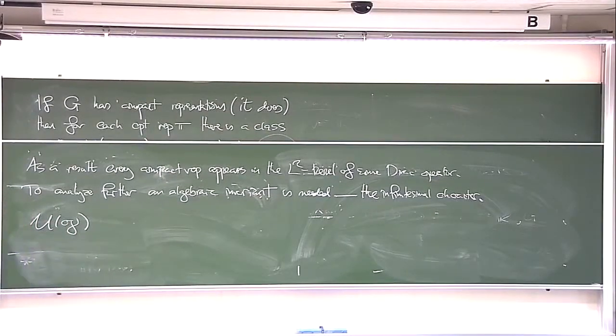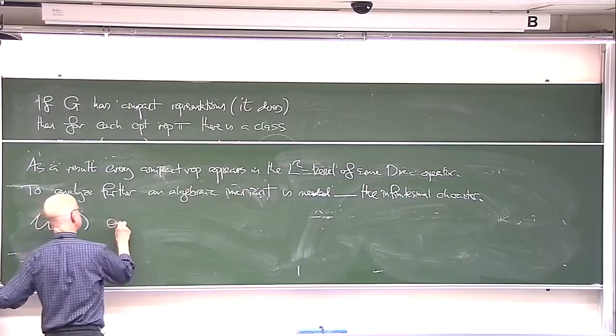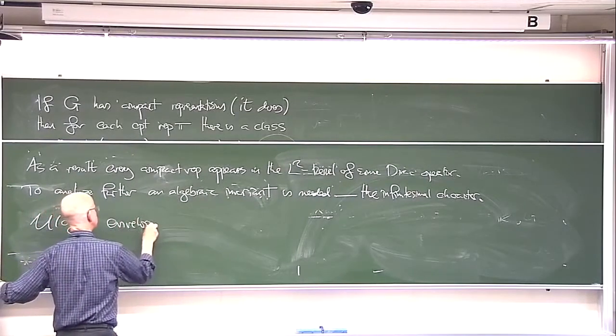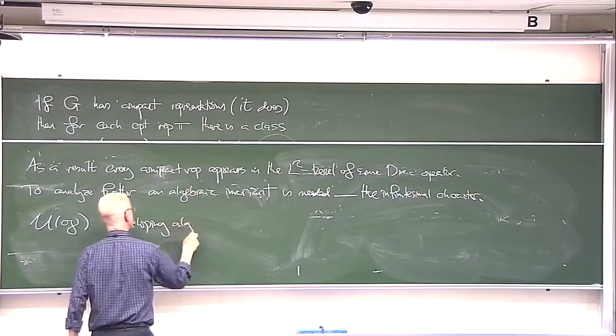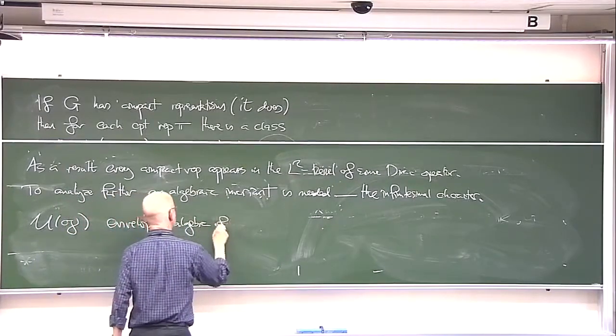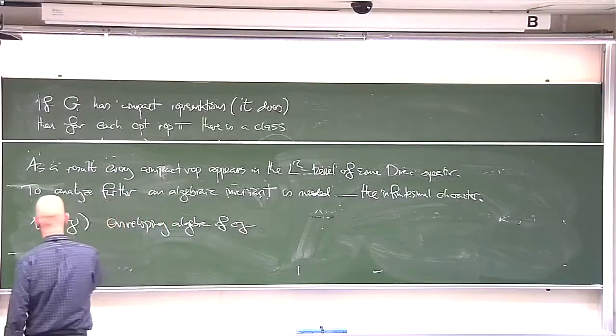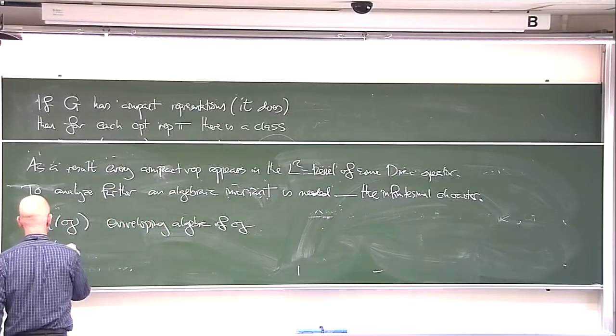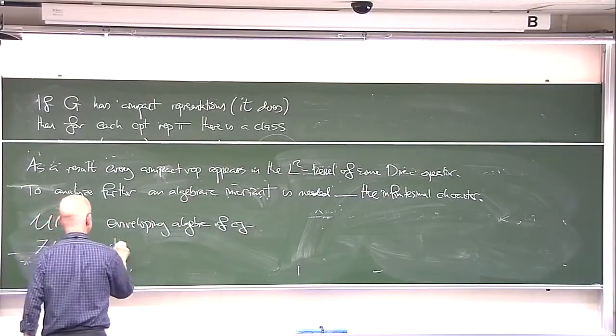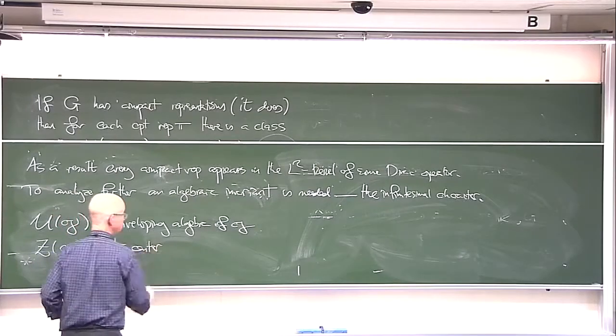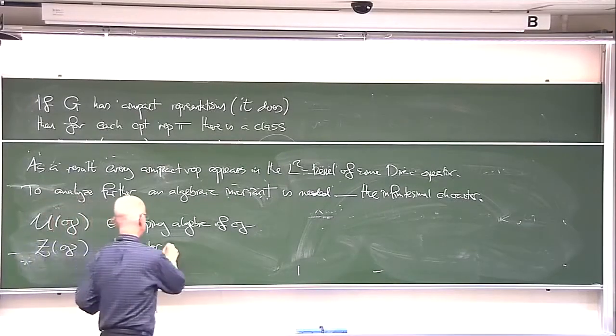And for that, we get a little more serious about Lie theory, and we form the enveloping algebra of the Lie algebra of G. And then its center. Of course, a commutative algebra.